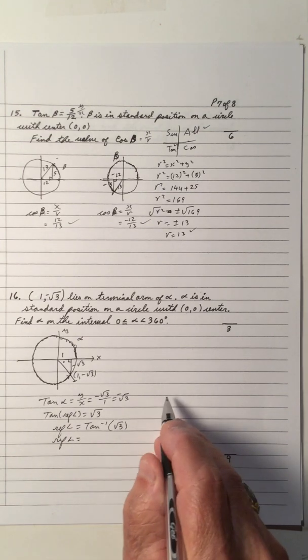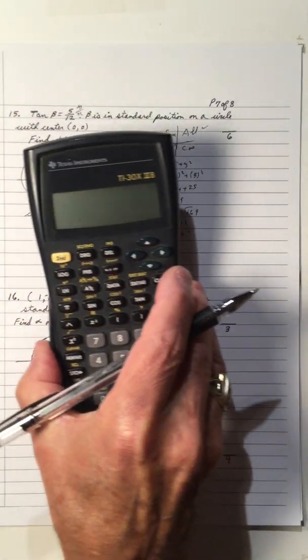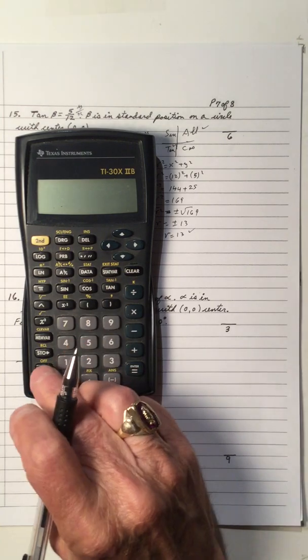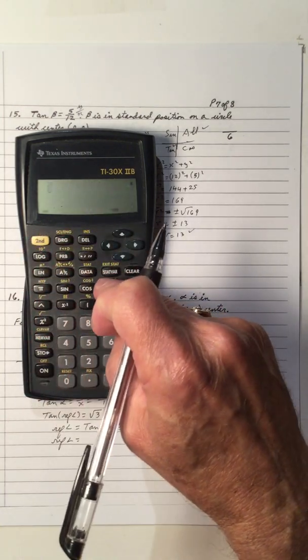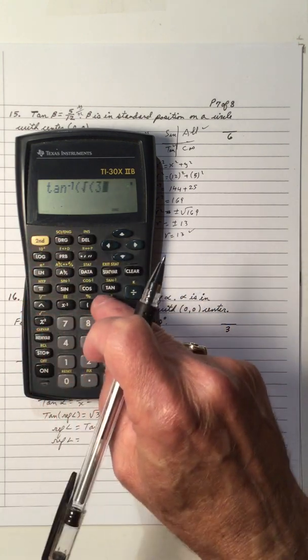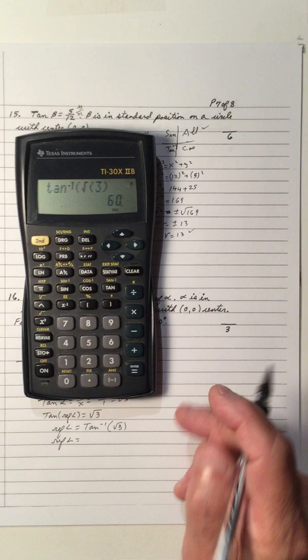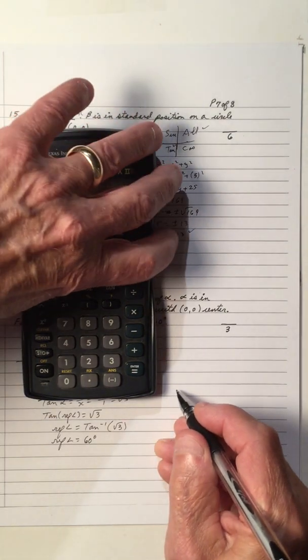When I pick up my calculator and go inverse tan of the square root of 3, my reference angle comes out to be 60 degrees, dead on, perfect.